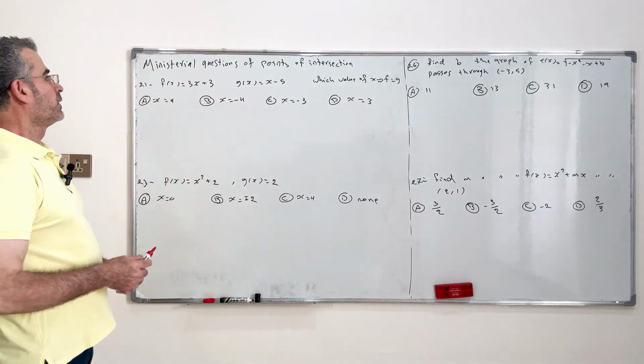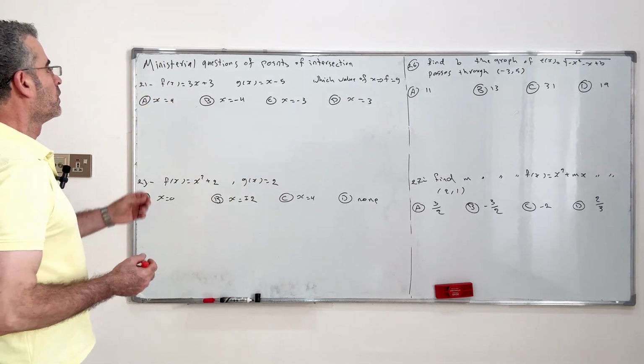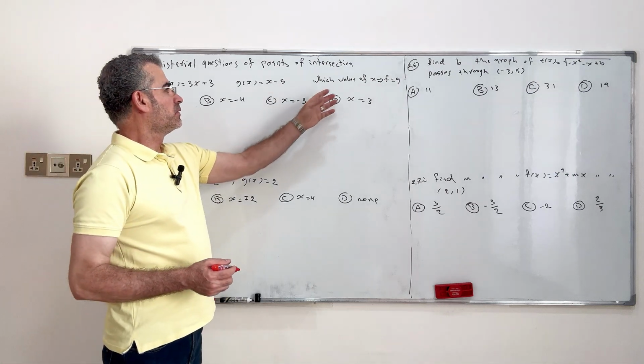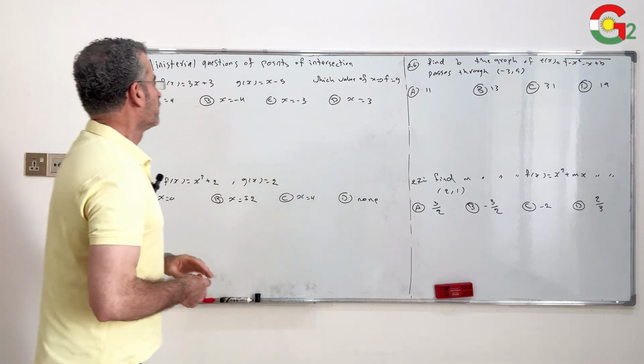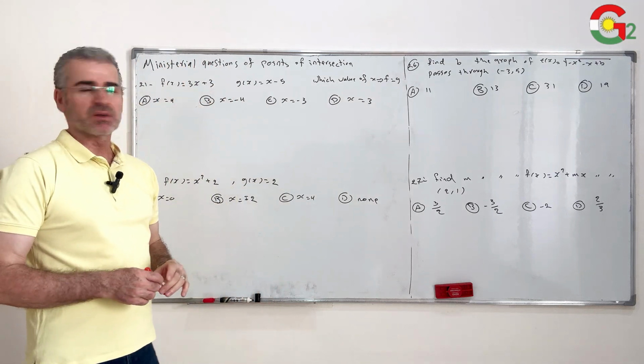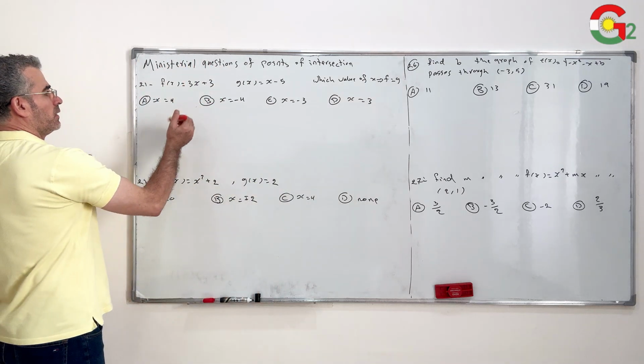Question number 21. Which value of x verifies f of x equals g of x, where f of x is 3x plus 3 and g of x is x minus 5.